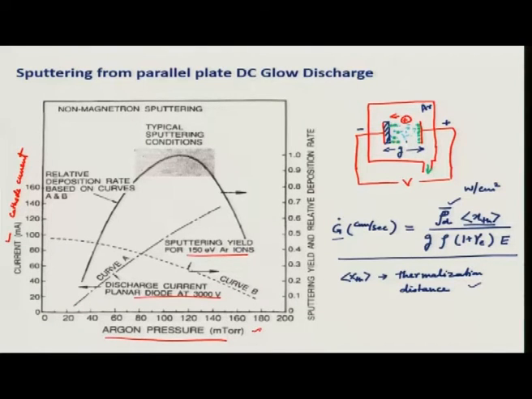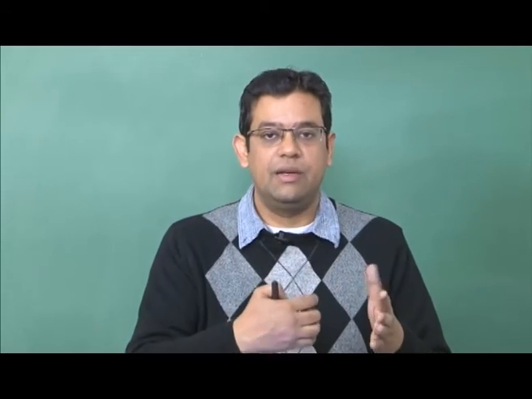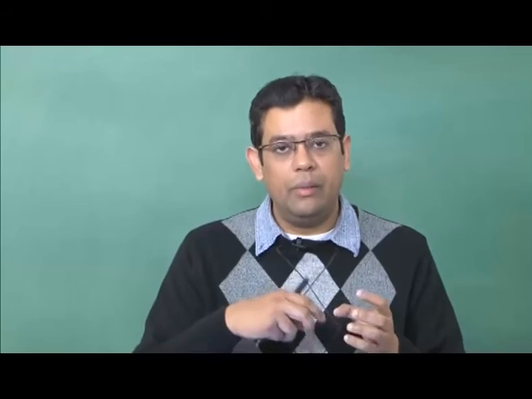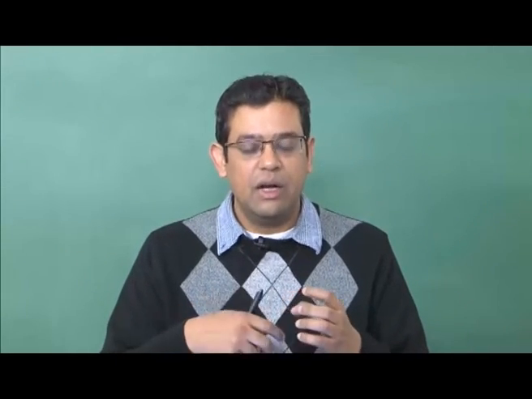However, the sputtering yield will start to go down. Why is that? Because if there is a large number of ions, the energy of the ions reaching the target will be less because of various interactions and collisions between the atoms and the ions.